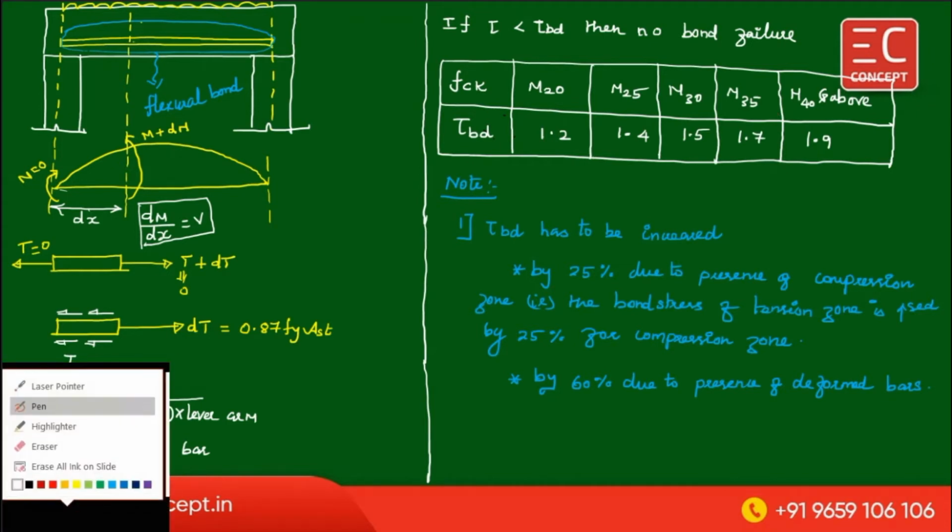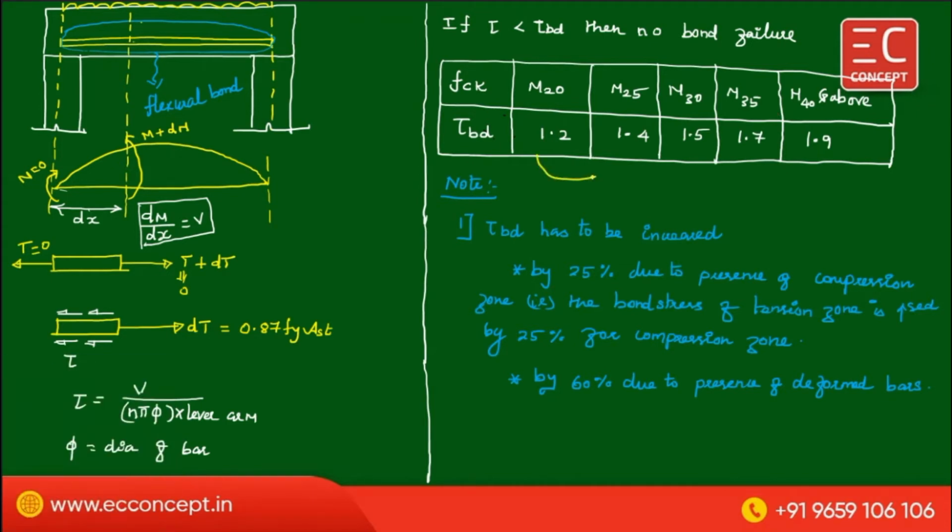In tension, this is only for MS in tension. Now it can be increased. Instead of mild steel, if you use a deformed bar in tension itself, this bond strength will be increased by an amount of 60%.